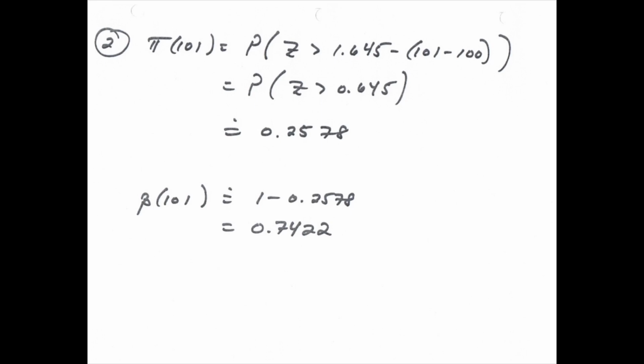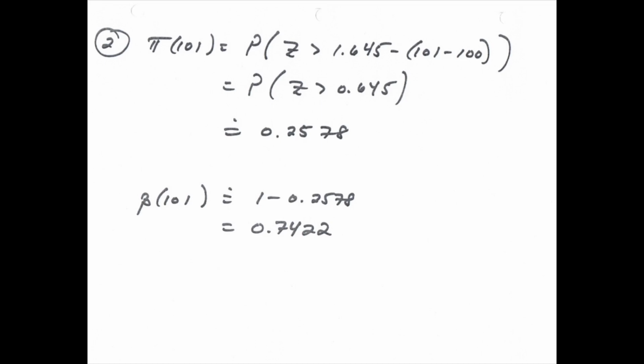And from the standard normal table, we can see that that is approximately equal to 0.2578. And so based on this, we can see that when mu is equal to 101, there's only about a 26% chance of getting a hold of a sample that is going to correctly lead us to the conclusion that the null hypothesis is false.